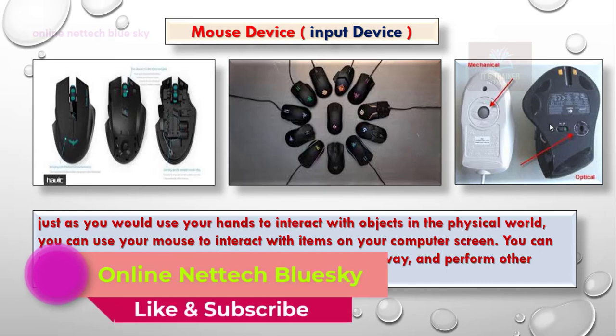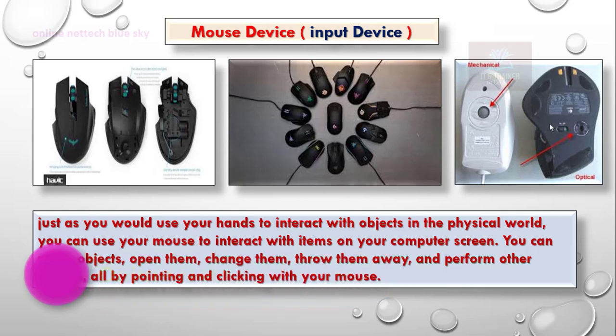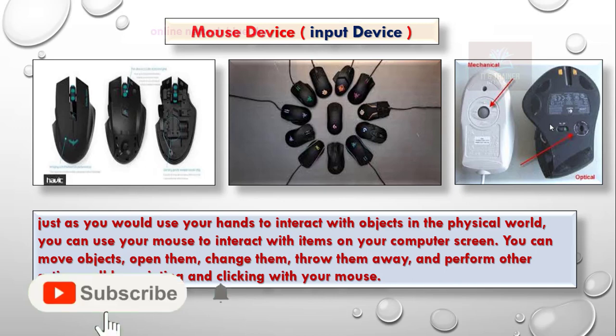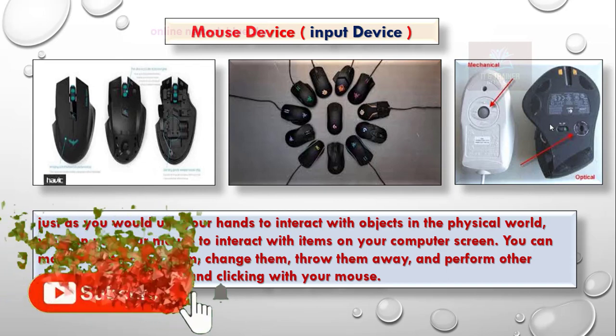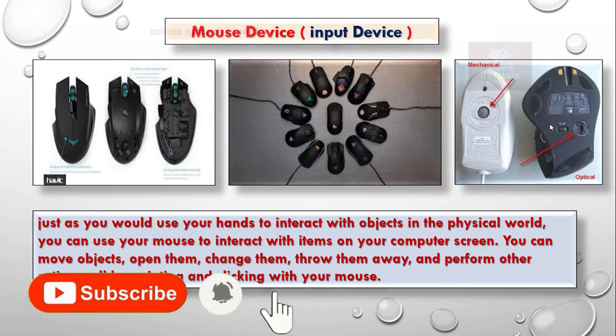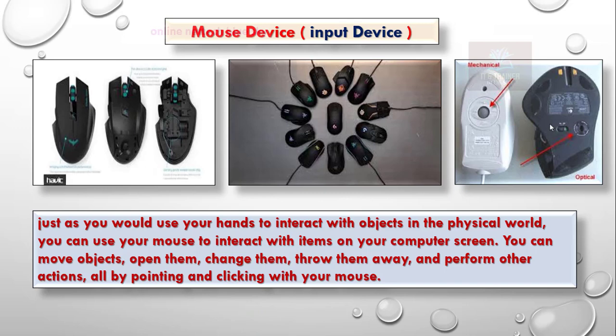You open a website, you open Facebook, you open a profile, click the profile button, click the like button. These are items you interact with using your mouse and computer.